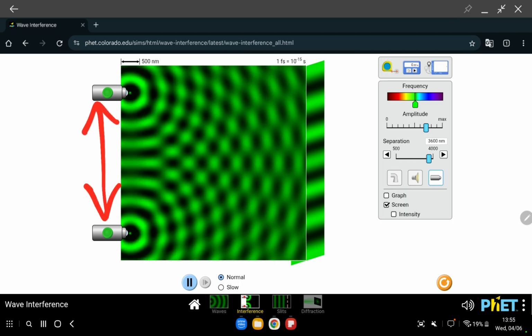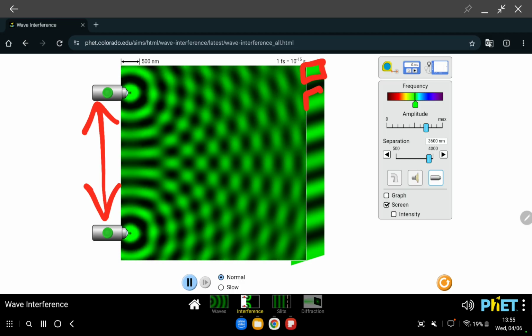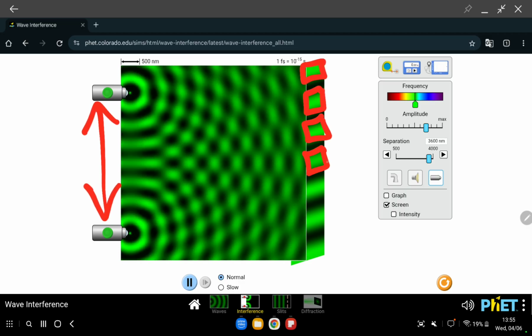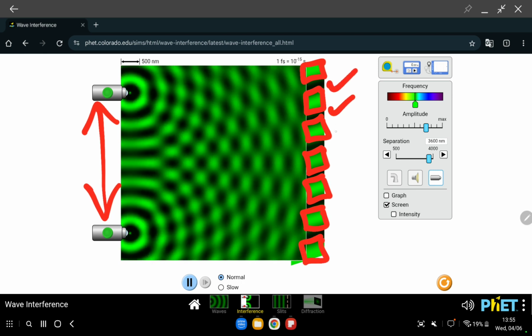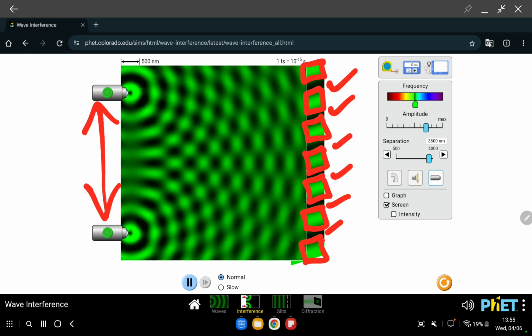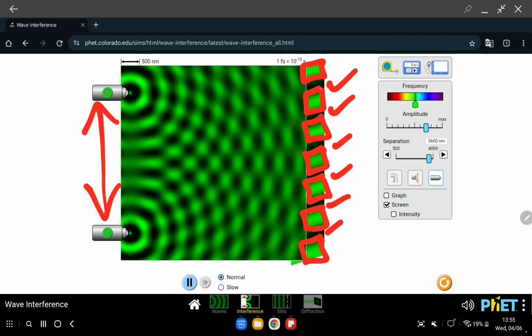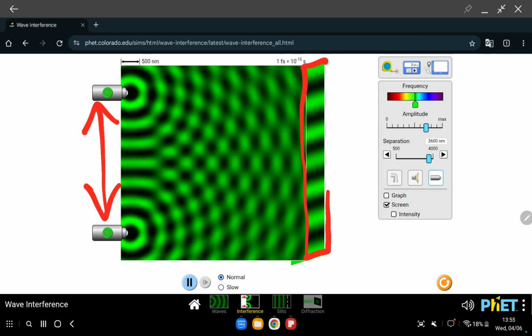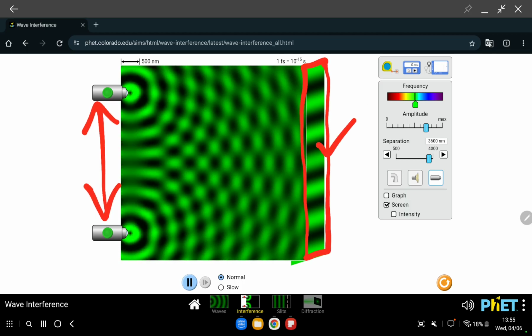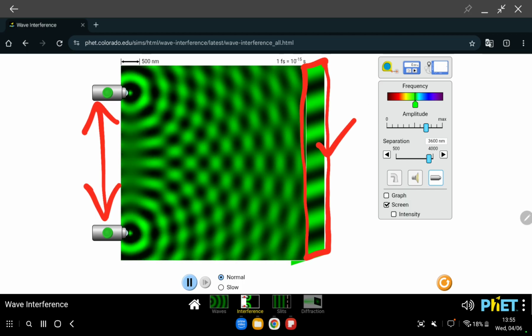Previously it was less, and now I have increased, and when I increase it, I'm able to see more number of fringes. As you can see, I'm highlighting all the bright fringes, and whatever I have not highlighted, all those are dark fringes. So this is how the superimposition happens in physics, and this is the interference phenomena observed on the screen.